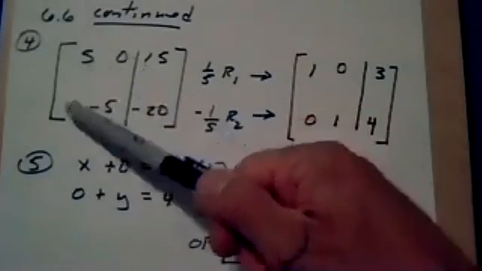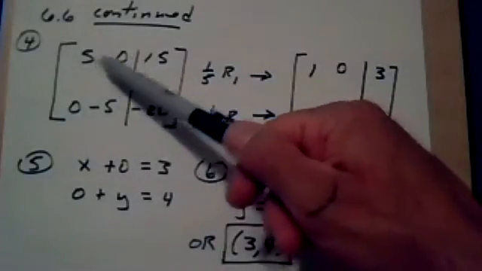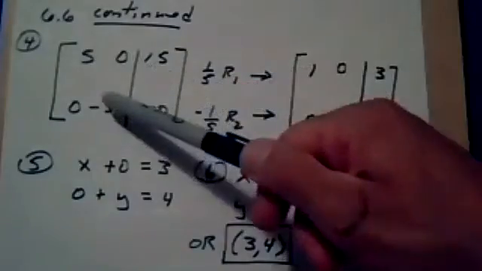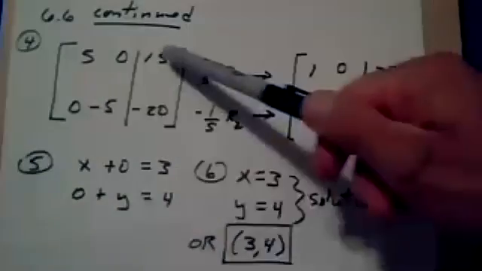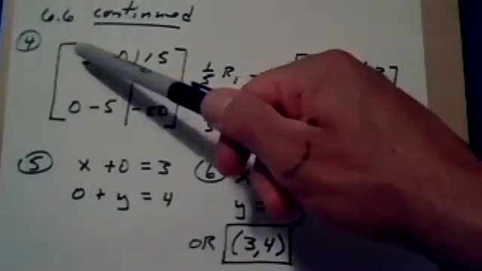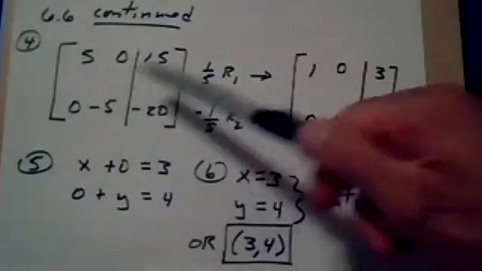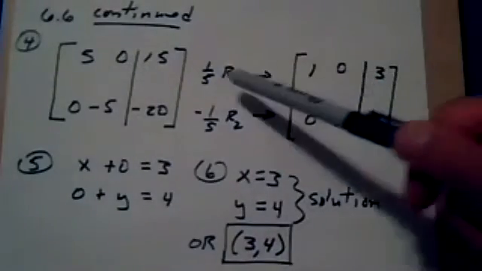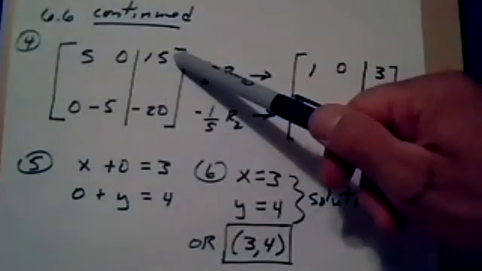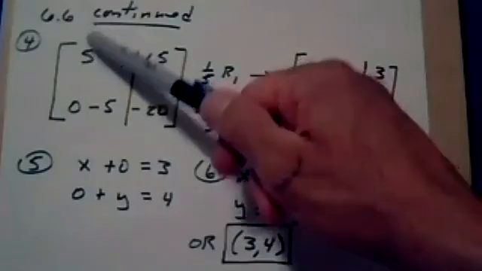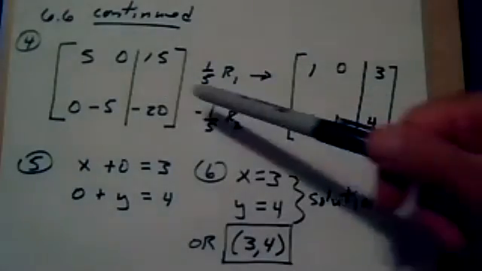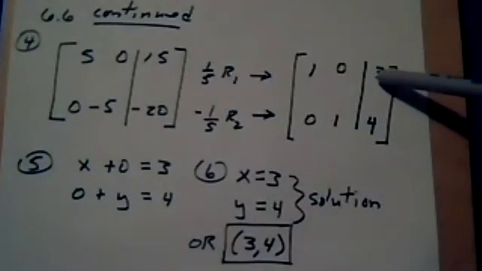That's the hardest part. Getting the 1 here takes like 30 seconds. All you have to do is multiply each row by the reciprocal of the number where you want a 1. So I want a 1 here, so I multiply the whole row by 1/5.